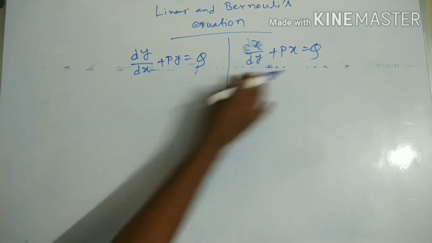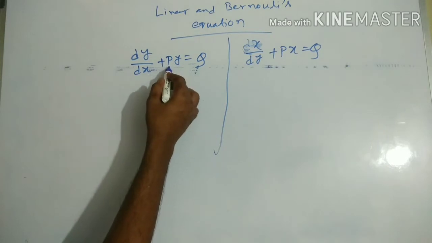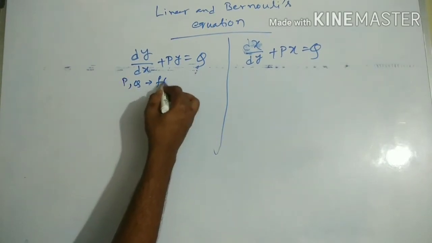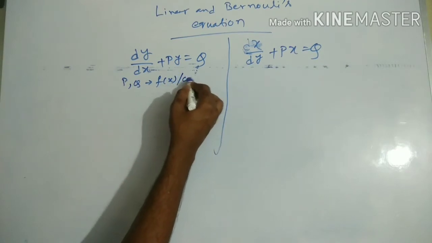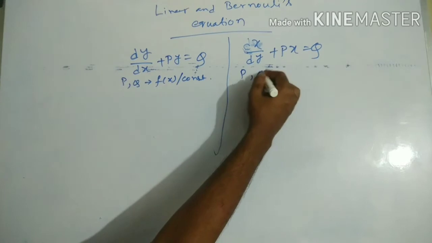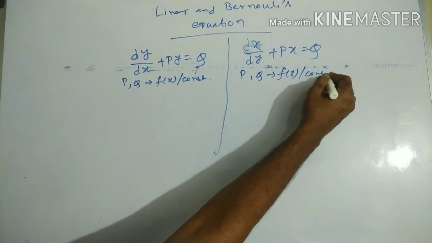Okay. So both are general forms of linear equations, where in this equation p and q are functions of x or constant, and in this equation p and q are functions of y or constant.